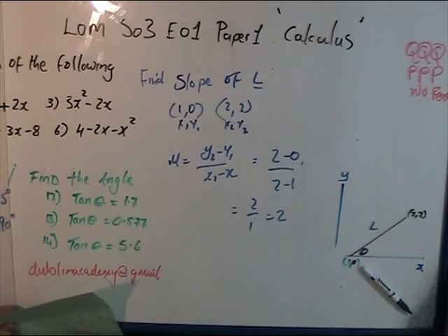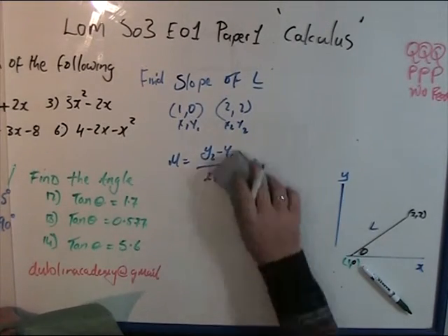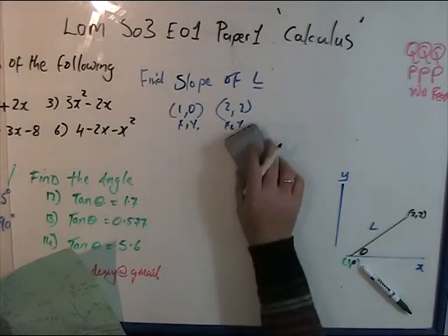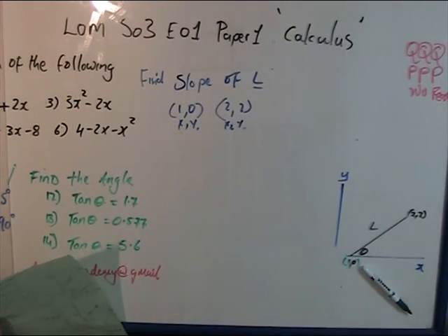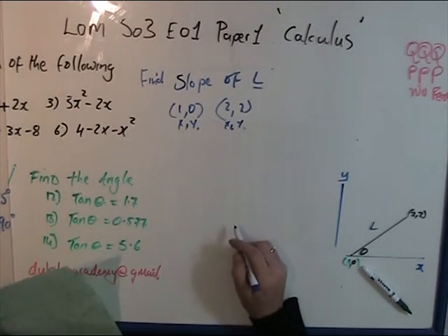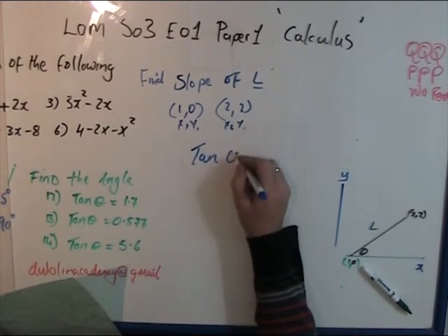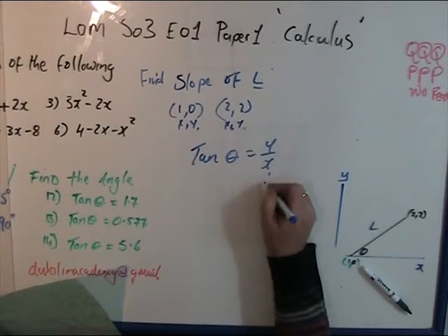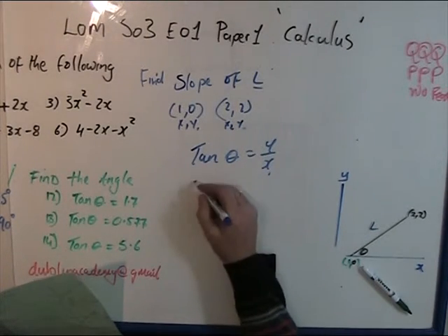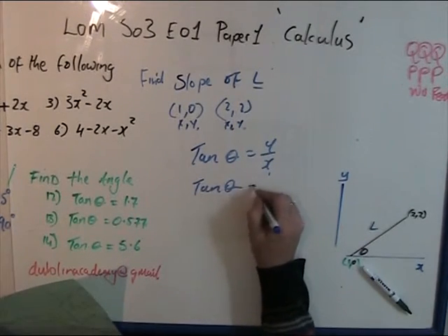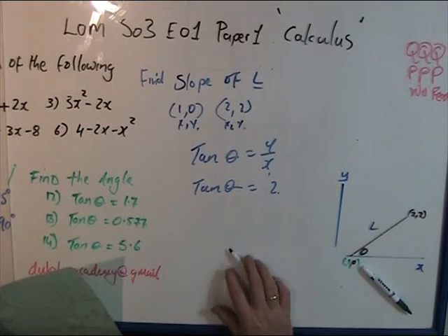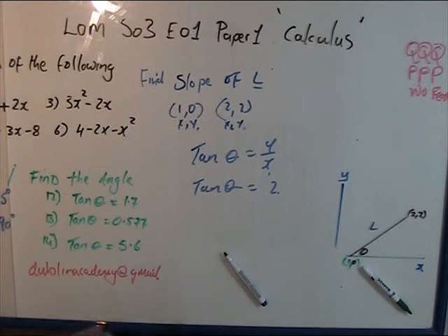Now, given the slope, I can find the angle. So tan theta is the same as y over x. It's the same as the y's over x's. So if I'm told that tan theta is equal to 2, we use our calculator.